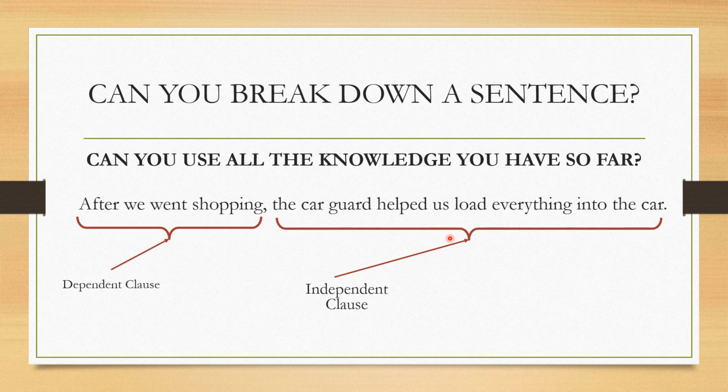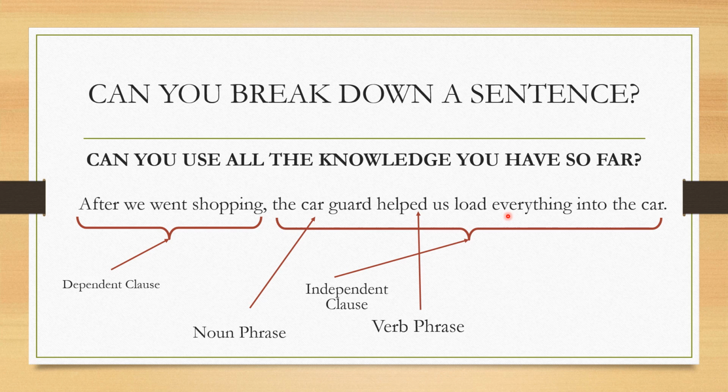Take a second, see if you can identify any phrases. What phrase is this? The car guard. If you said noun phrase, you were correct. Awesome. What phrase is this? Helped us load. This is a verb phrase.